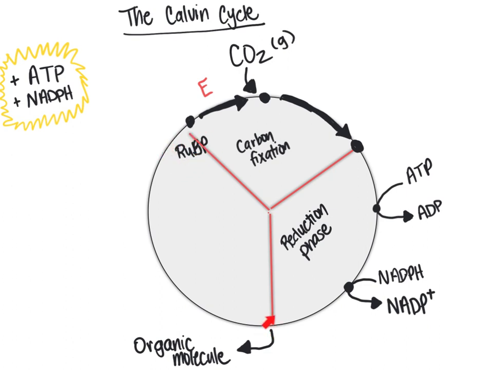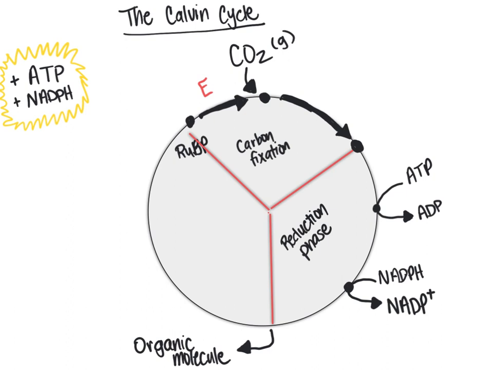So we cannot take the organic molecule that we have right here and use it to completely make a glucose molecule, which we know is, in our equation, the end product of photosynthesis. So we can't jump immediately and make that glucose. We are going to make a starter for the glucose, but we're also going to need to go back and remake this RuBP to start the next turn of the Calvin cycle.